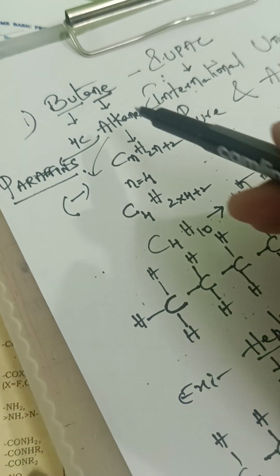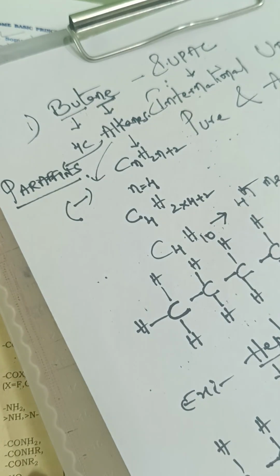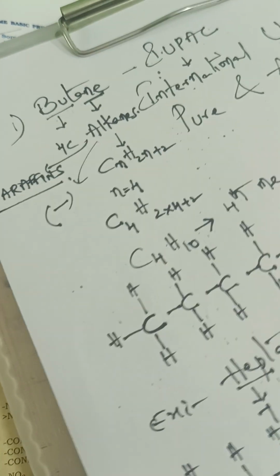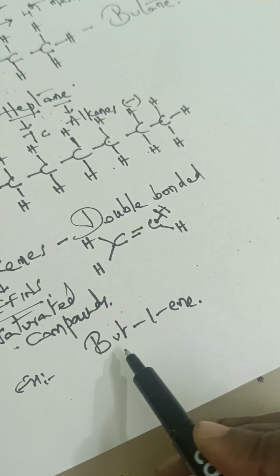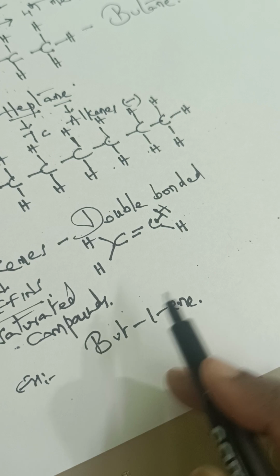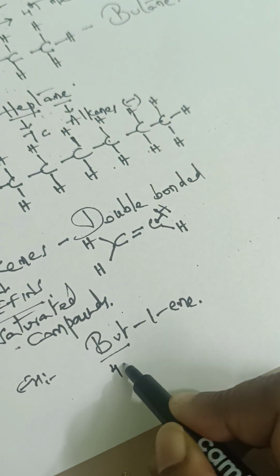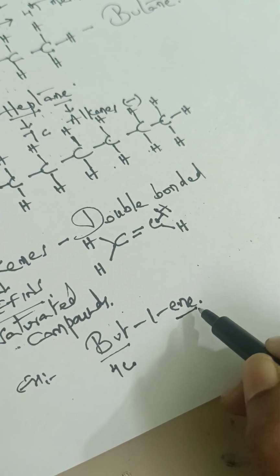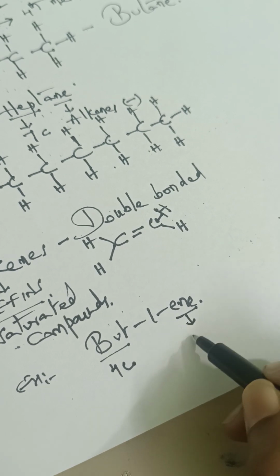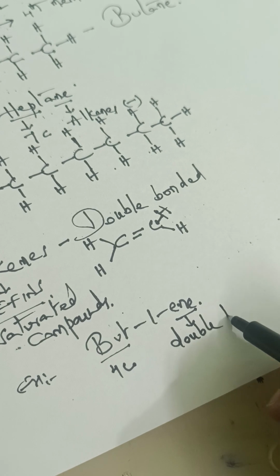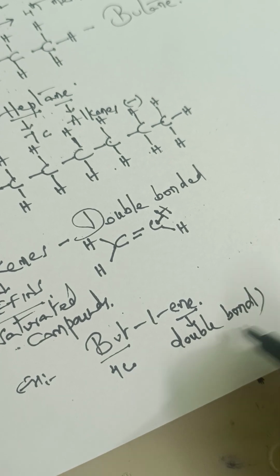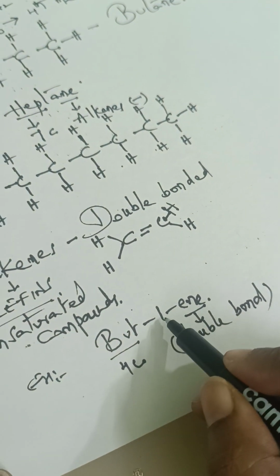As we go above, the parent chain will be 4. Like this, in alkenes, but means 4 carbon atoms. And ene is nothing but double bond. Double bond should be present at first position.